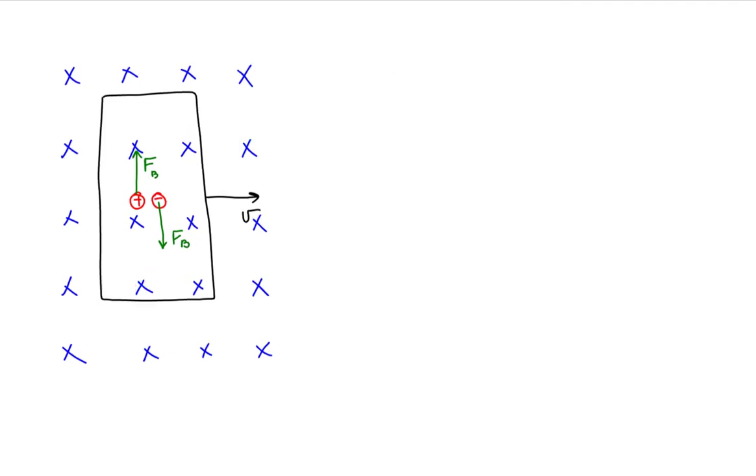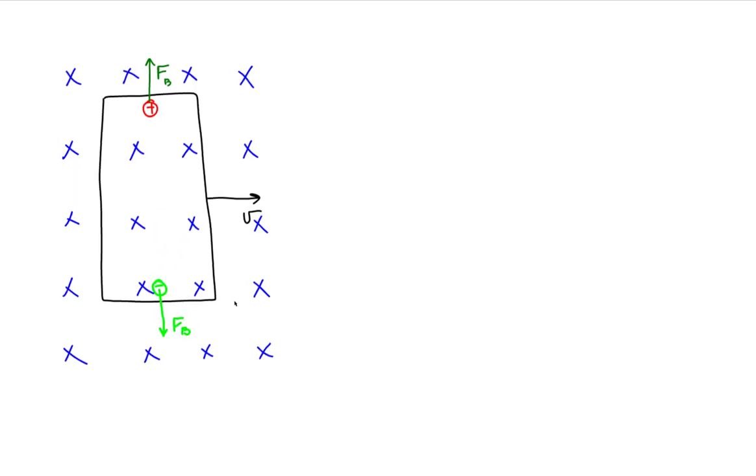Due to the magnetic forces on the positive and the negative charges, those two charges will begin to move to opposite sides of the conductor. The positive charges will move to the top edge of the conductor, while the negative charges will move to the bottom edge of the conductor. This process will happen for all of the positive and negative charges that are in this conductor.